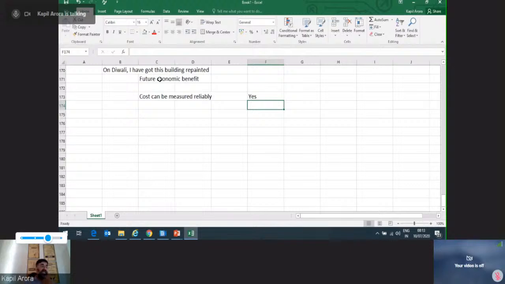So initially we are clear. Future economic benefit and cost can be measured reliably will always be there. Right? Will always be there. Subsequently, we will see the amount we are spending, what kind of amount it is.